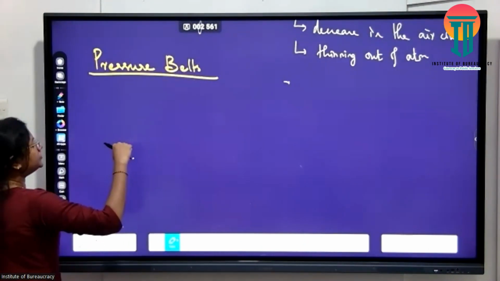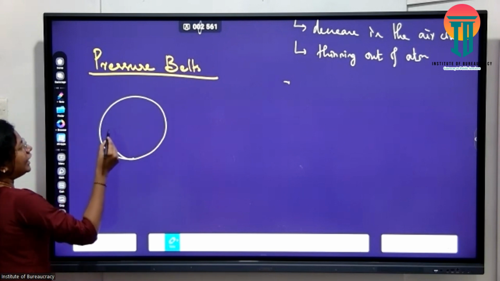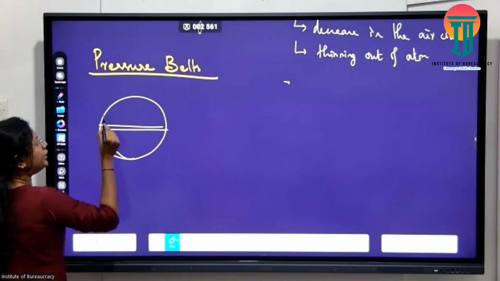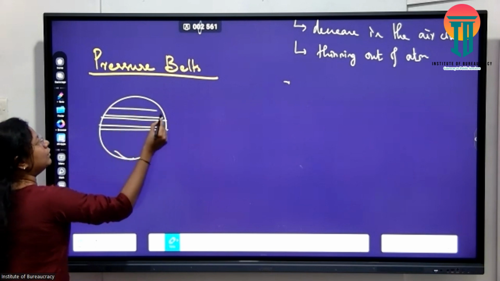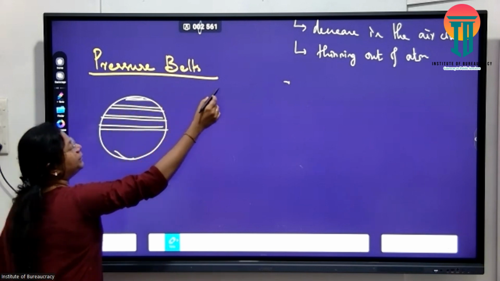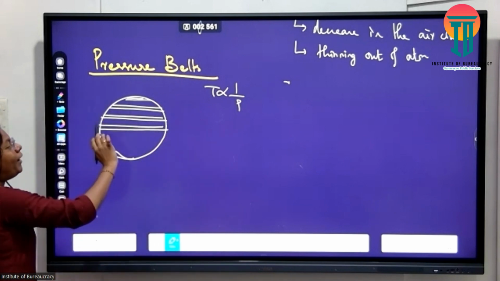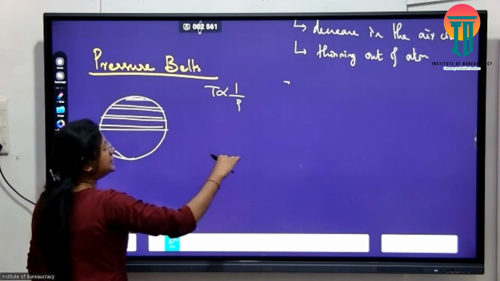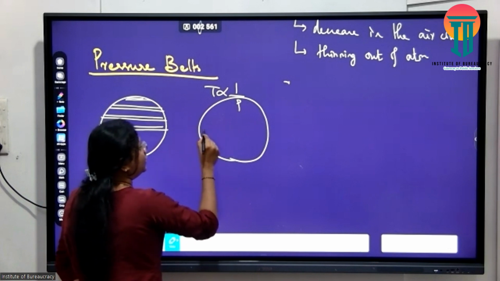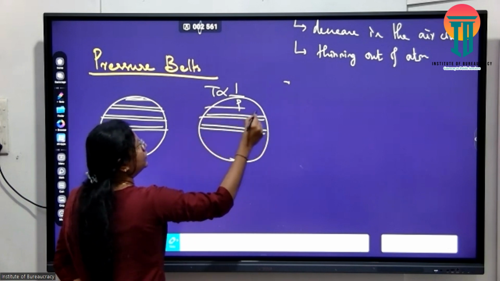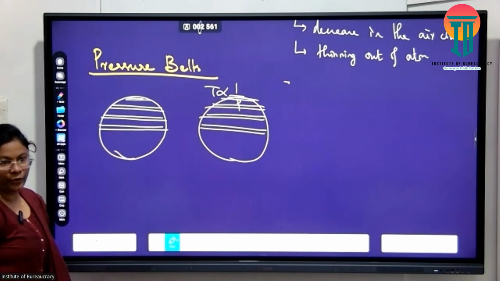For example, if this is my earth, and if I divide the earth into different heat belts, why? Because now I have completed the relationship between temperature and pressure. So when I know my heat belts, it is easy for me to draw my pressure belts. This is how it functions.